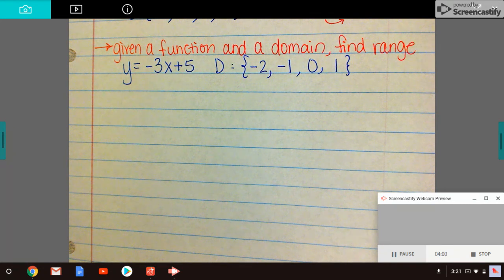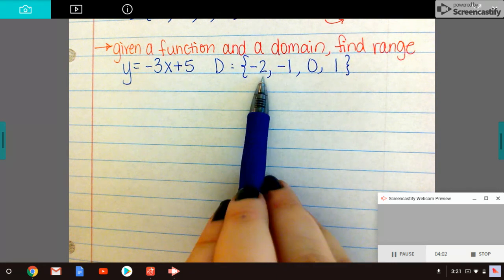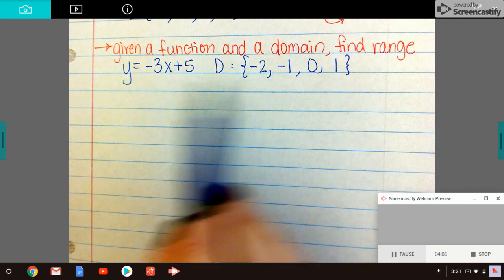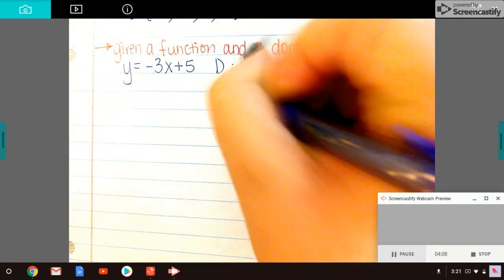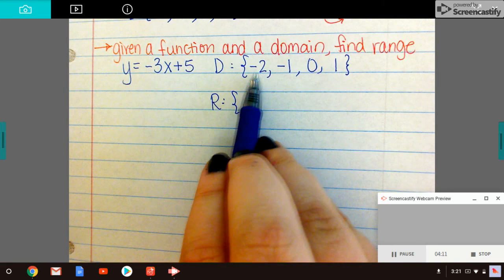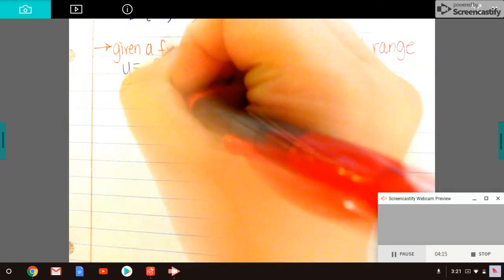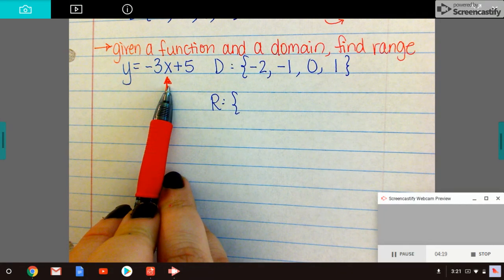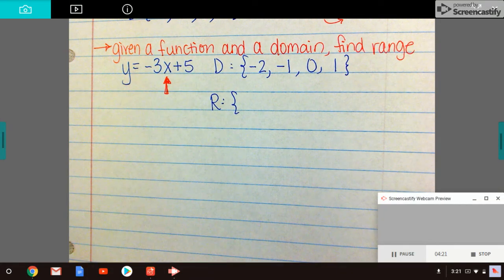So the way I would think of it is, since the domain is a set of x's, is saying, well, in this situation, if x was -2, what's y? So the range that goes with this is, let's plug in this -2 into our x spot and think through that. I'd have -3 times -2 is +6. 6 plus 5 is 11.